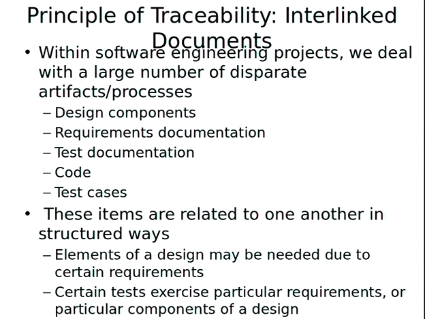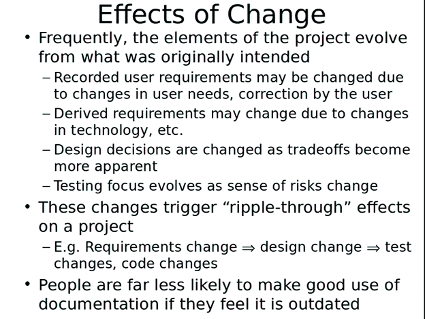Certain code is written that relates to certain design components, and that's designed, again, to meet certain requirements. Certain test cases are in place because certain code needs to be tested against certain requirements, for example. So for all these reasons, you get these interlinkages. And if you have a change to requirements, it ripples through. If you have a change to design, it ripples through.